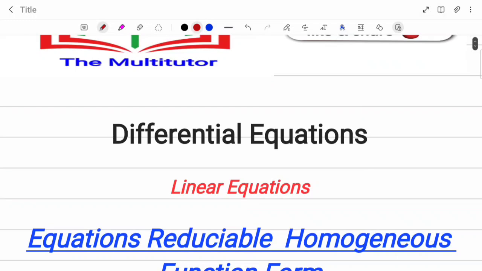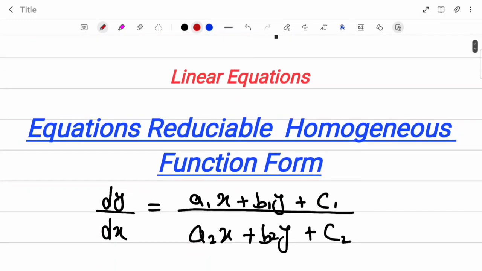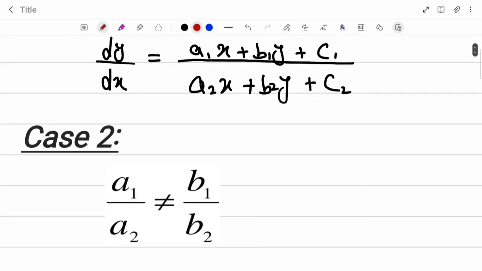Today we will discuss our second case for differential equations, linear equations and further equations reducible to a homogeneous function form or a separable equation. So, today's case is slightly different, where we have a1 over a2 not equal to b1 over b2.